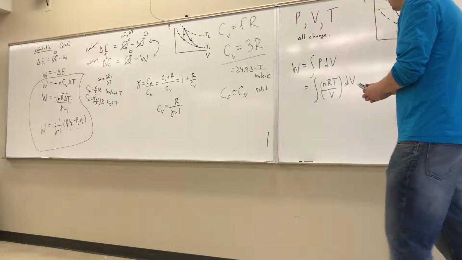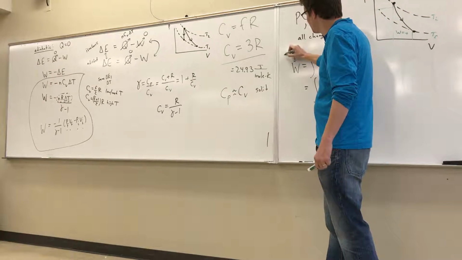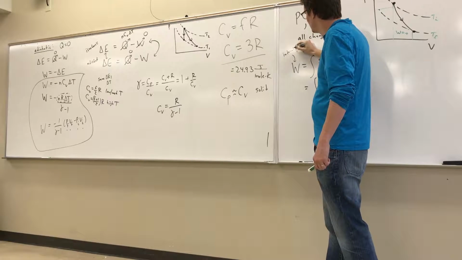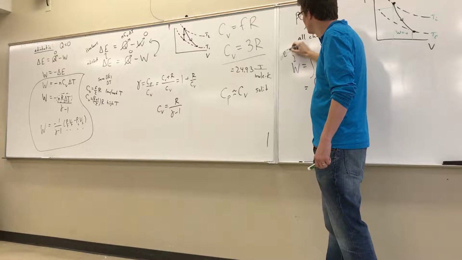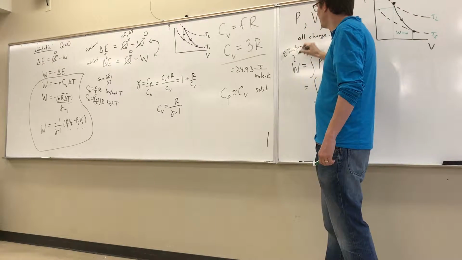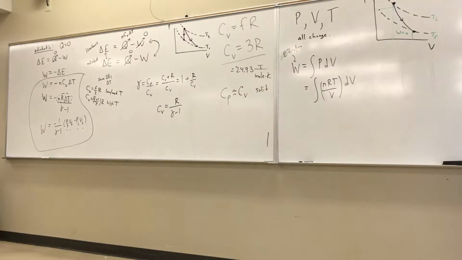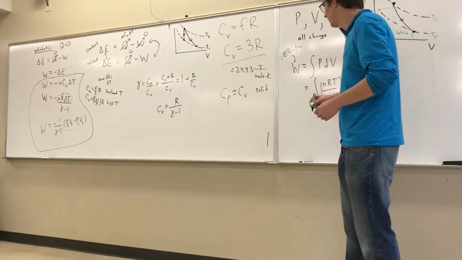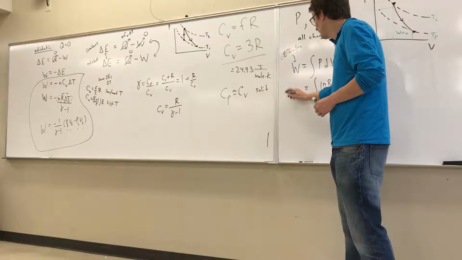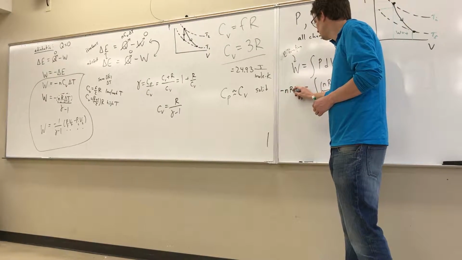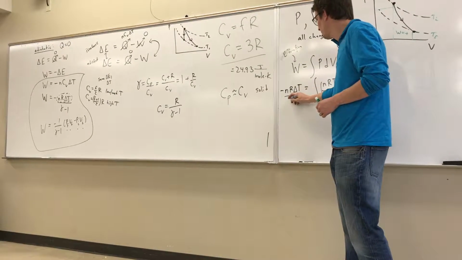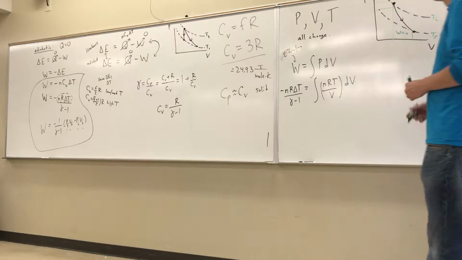So what I'm going to do is, with the internal energy function, the E function, I can come in and fill in this side. I'll just pick one of these, which I know is going to be the handiest. Minus nR delta T over gamma minus 1, okay?